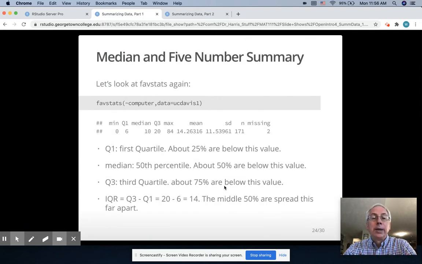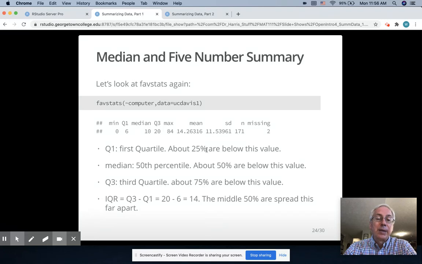So here's the output for favstats applied to the computer data again. This time I want to focus on these first 5 numbers that we've got here: min, Q1, median, Q3, and max. Q1 is called the first quartile. And what that means is that it's about the 25% mark of my data.